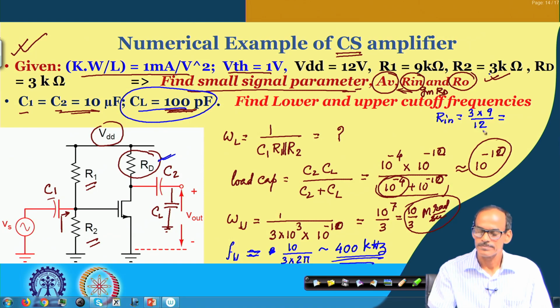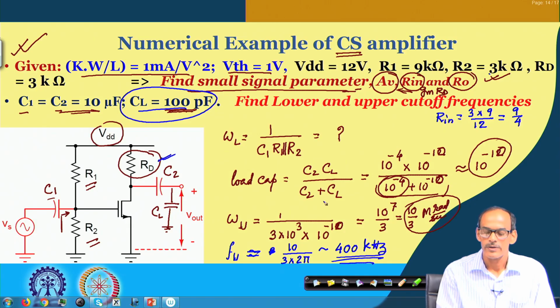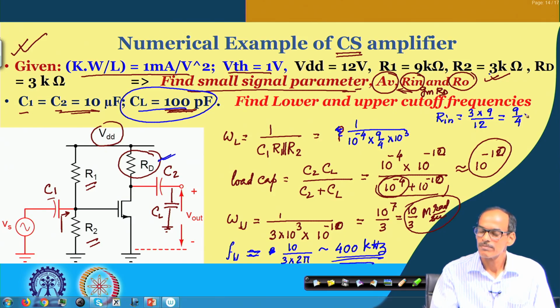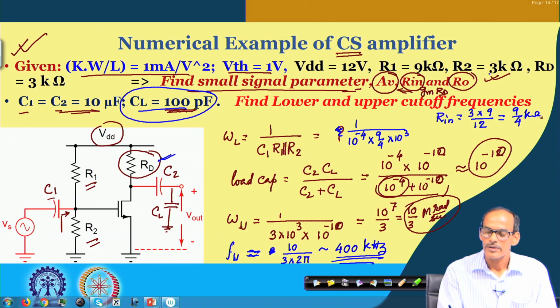So, that is 9 divided by 4, right. So, this is 1 by C1, it is again 10 to the power minus 4, and then R in, it is 9 by 4 k, 10 to the power 3, right.